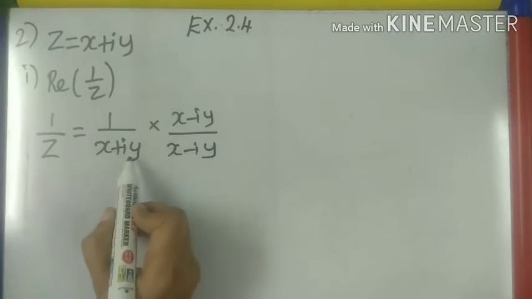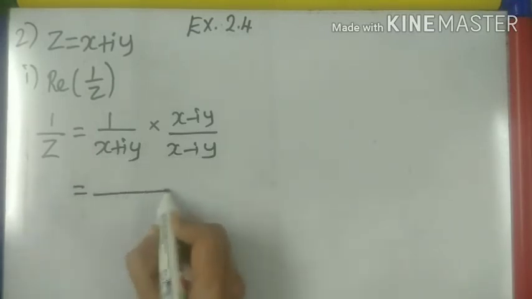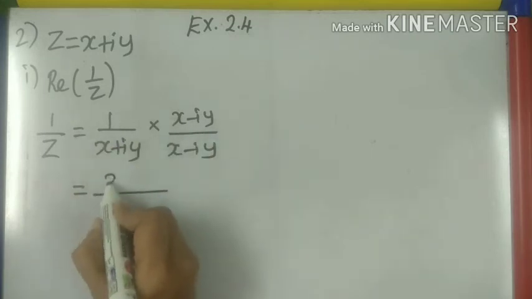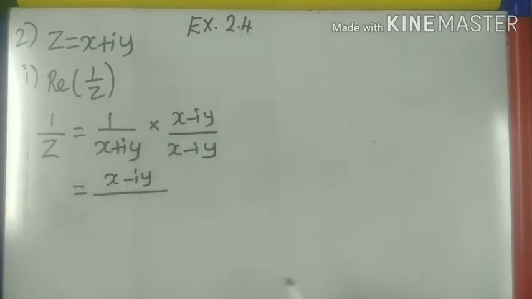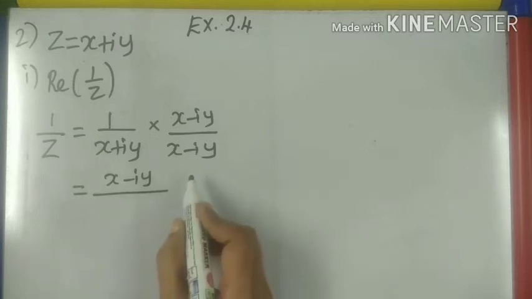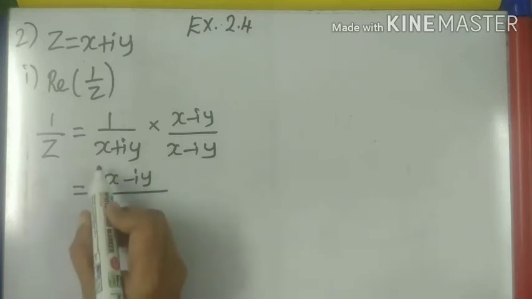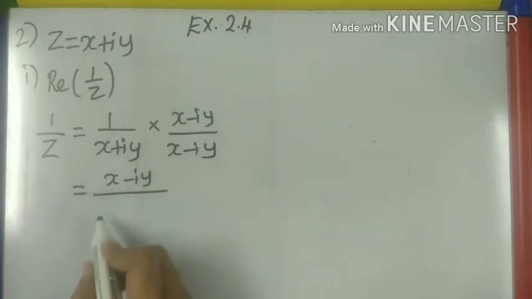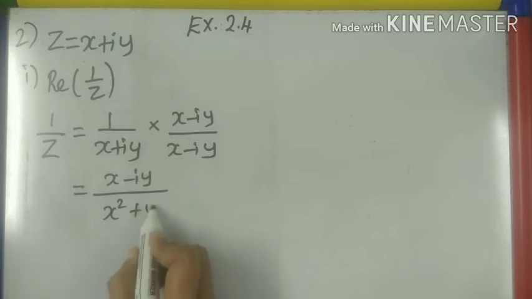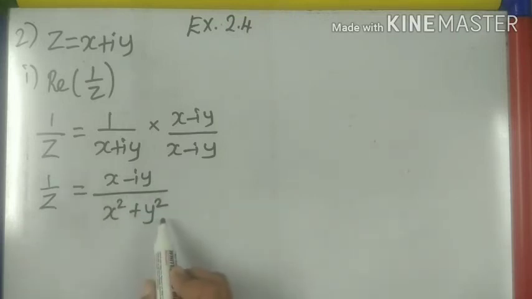X plus iY means conjugate will be X minus iY. And the numerator, 1 into X minus iY, X minus iY. Denominator, let us remember the formula. A plus iB into A minus iB is square plus square. So X square plus Y square. So what is 1 by Z? It is X minus iY by X square plus Y square.